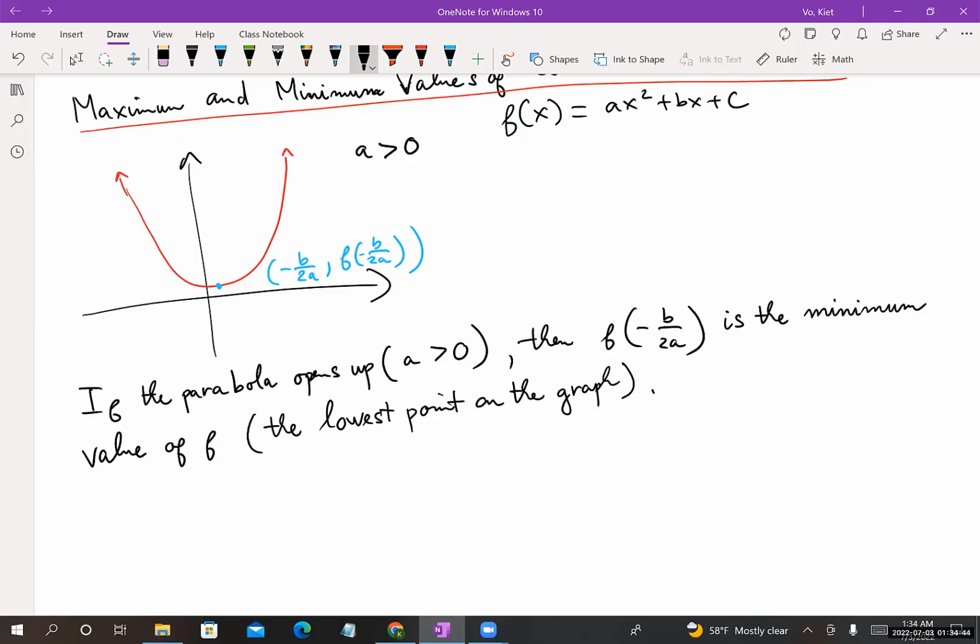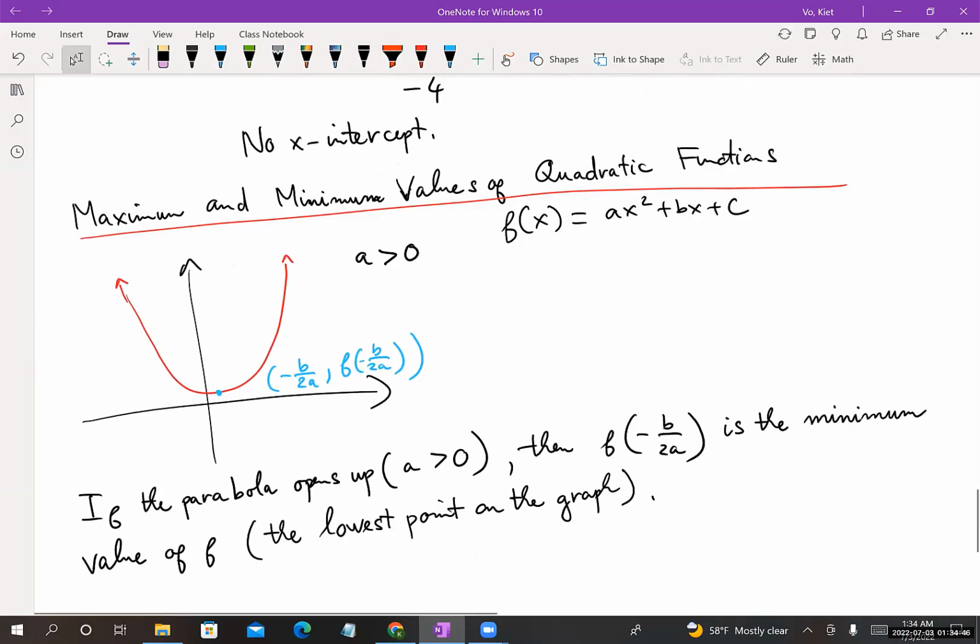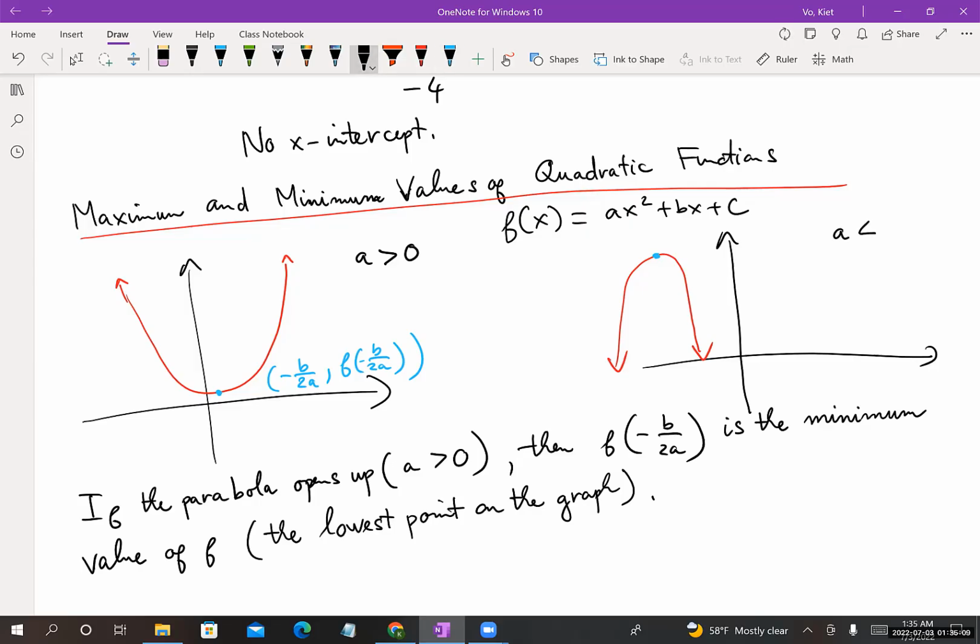Now, similarly, we could have a parabola that opens down. So our parabola could go like this, and at the vertex, the coefficient a would be less than 0.